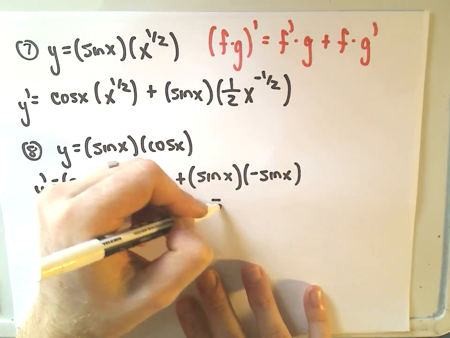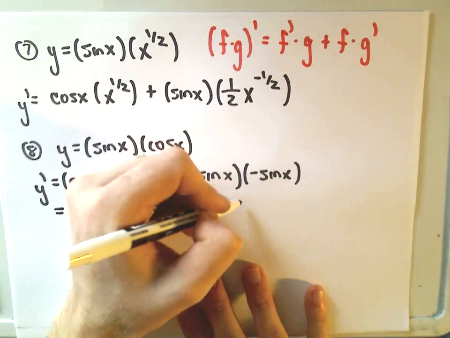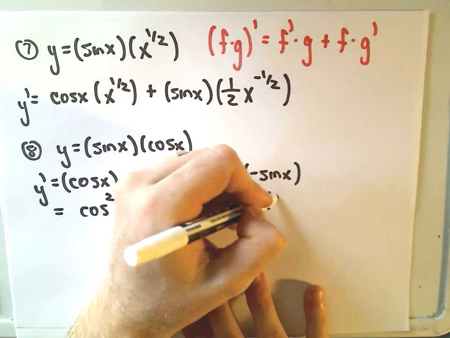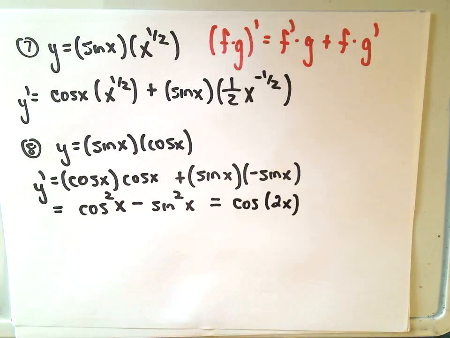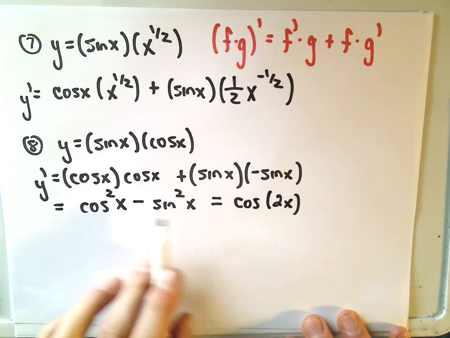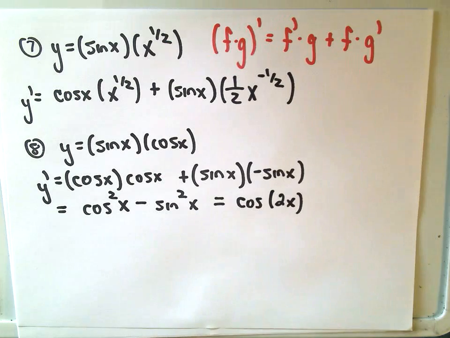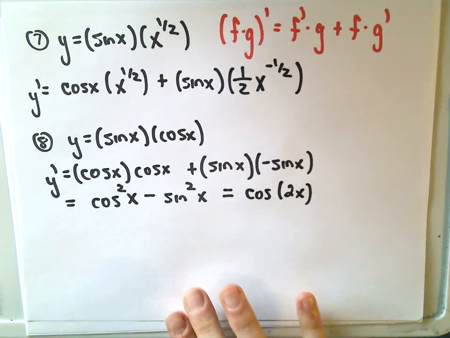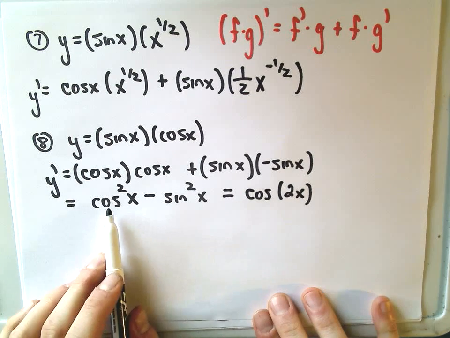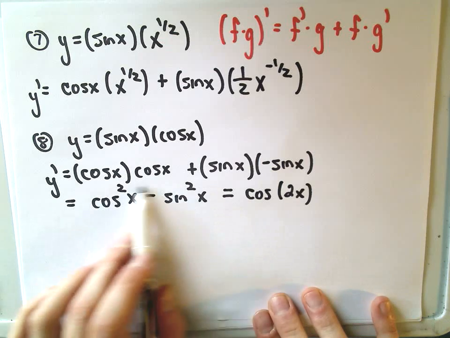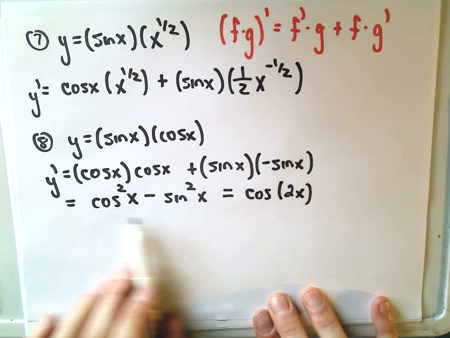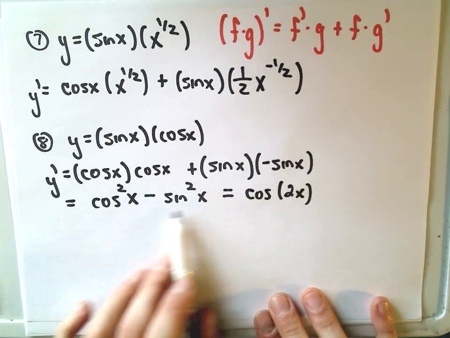Remember, there's also a trig identity for this, cosine squared minus sine squared. We could even rewrite that as cosine of 2x. There's a trig identity that says that these two quantities are in fact equal, so you don't have to, but just a little thing to point out. For example, if they wanted us to take a second derivative, we could take the derivative of this side using the chain rule.